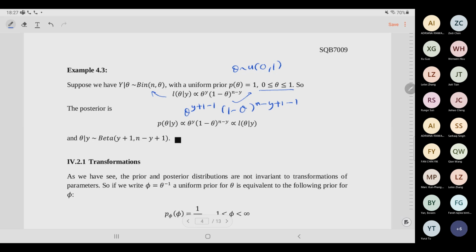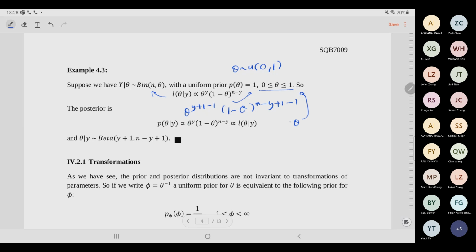Even though the likelihood is from the binomial, if you look at the posterior, remember that theta must be between 0 and 1. You might think, what's the difference? The likelihood is over the data, from the joint PDF of the data, and the posterior is a conditional probability for your theta.